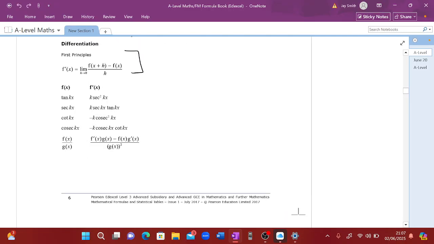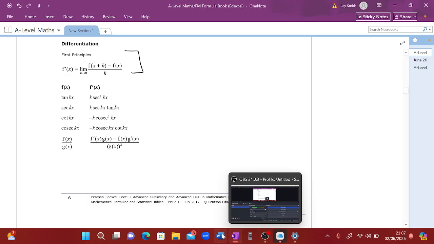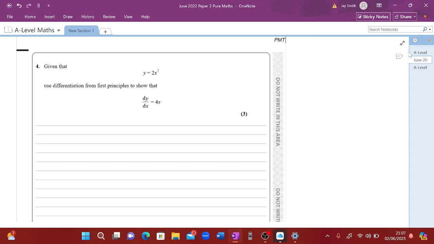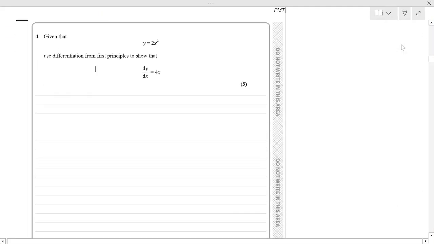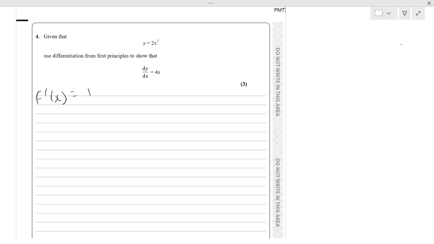First principles. You need to basically do this limit here. So the first principles would be f dash of x is the limit as h tends to 0 of f of x plus h minus f of x over h. I've just stated that, right?